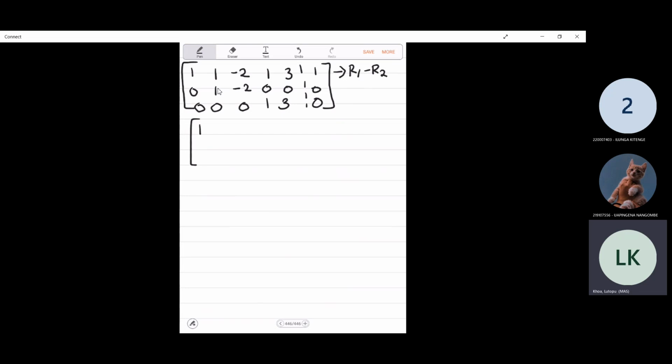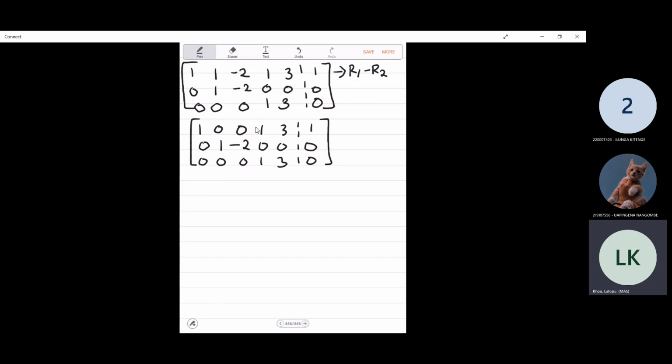So that's 1 minus 0, 1 minus 1, minus 2 minus 2, then 1 minus 0, 3 minus 0, and then 1 minus 0, and then we have 0, 1, minus 2, 0, 0, 0, 0, 0, 0, 1, 3, 0.